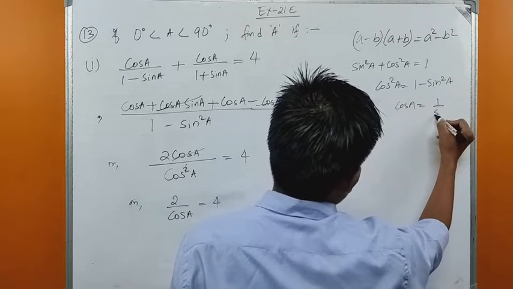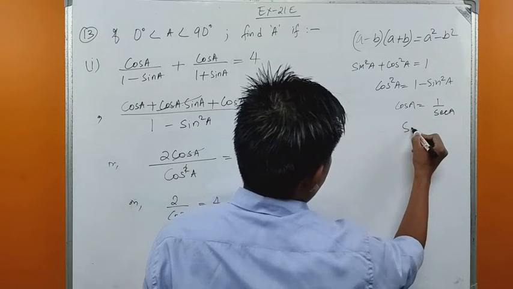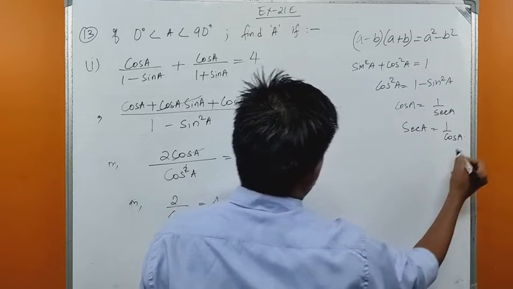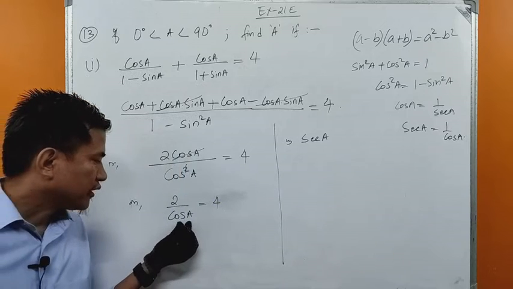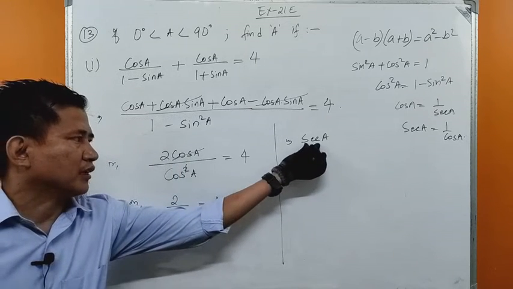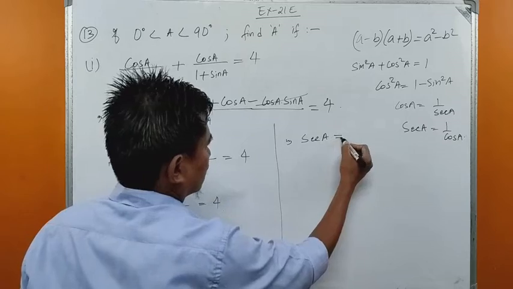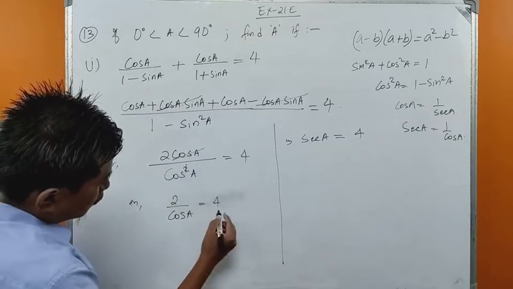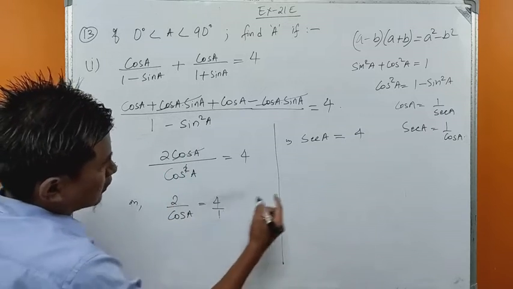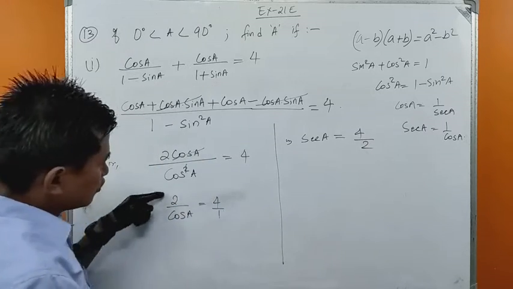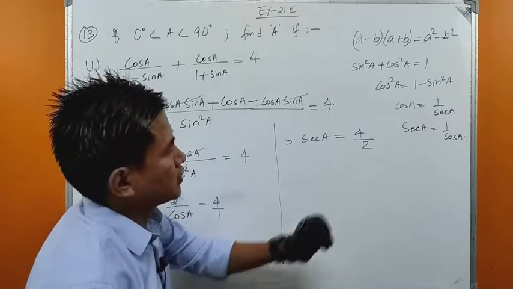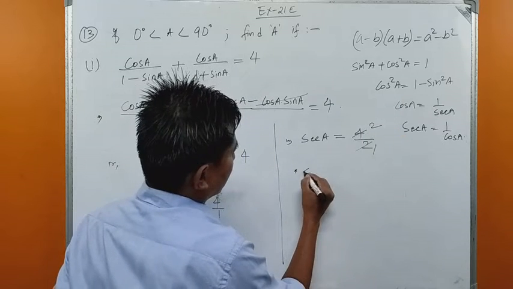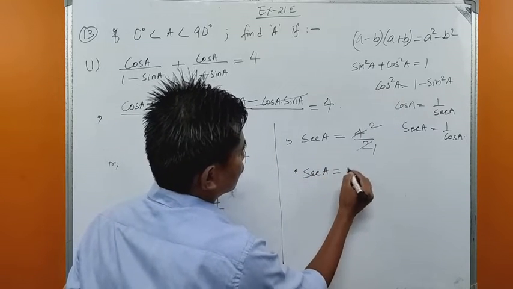Cos A equals 1 upon sec A and sec A equals 1 upon cos A. So sec A equals 4 upon 2, that is sec A equals 2, isn't it?